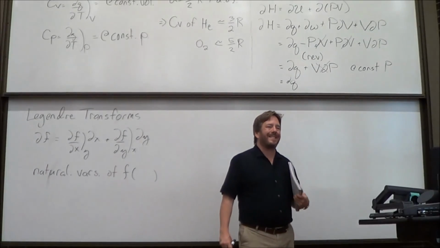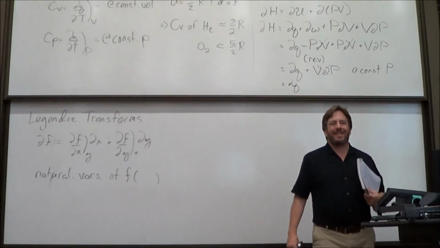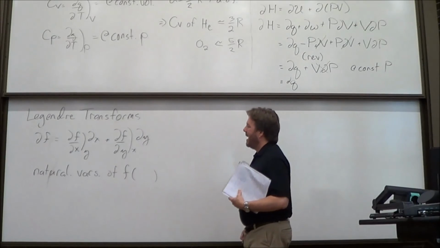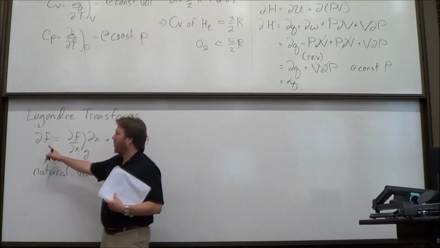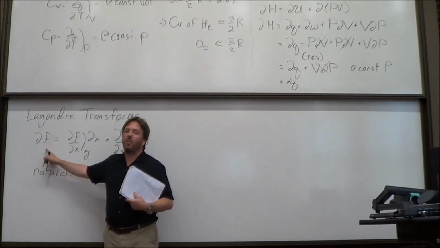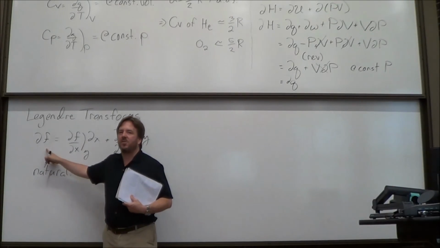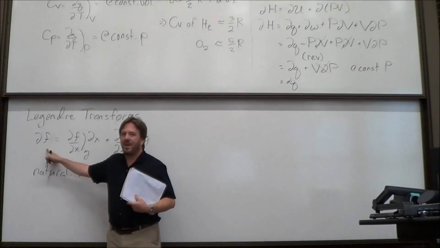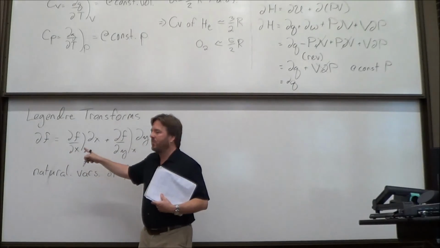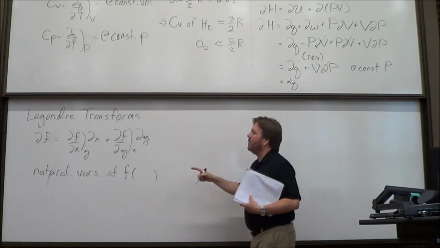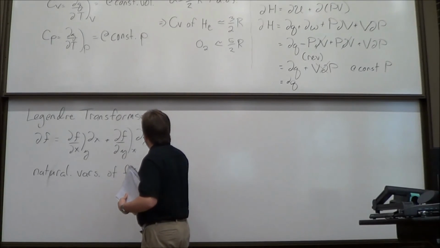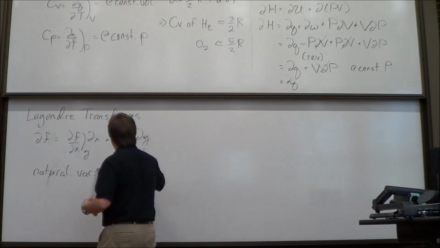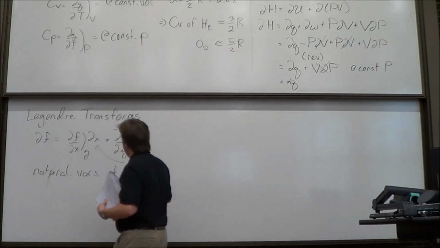You will not find this in your calculus book because these are just a bunch of jumbly letters. In thermo, we think of functions. Of course, the function will be u, the function will be h. The functions will be energy functions. Later we'll get to g. So energy functions have natural variables. What are the natural variables of a function? It will be the things that make it change right here.